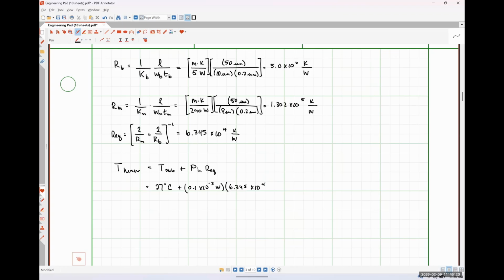Since Kelvin and degrees Celsius are literally the same thing, I'm just going to call this degrees C per watt.